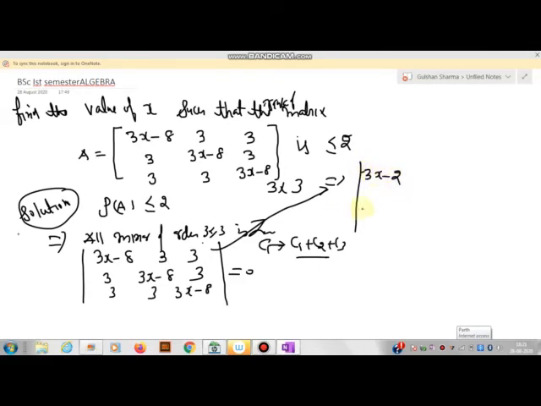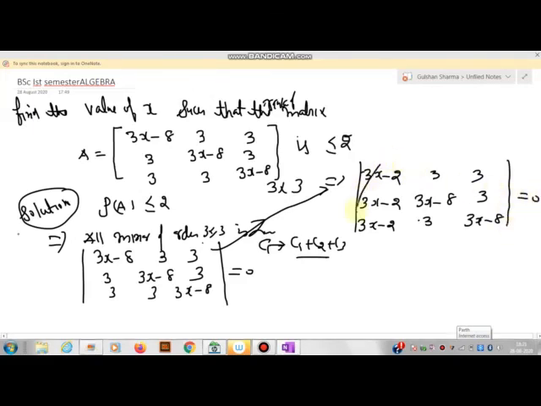Then this is again 3x minus 2, and this is again 3x minus 2. The other entries are 3x minus 8, 3x minus 8. So I will take 3x minus 2 outside, and this becomes 1 1 1.